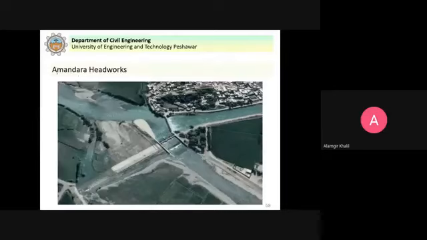Next, we discuss a case study that is Amandara headworks that we have in our province. You see that we have this Swat river that is flowing, and it is flowing in this direction. So we have this Amandara headworks that is near Batkhela.